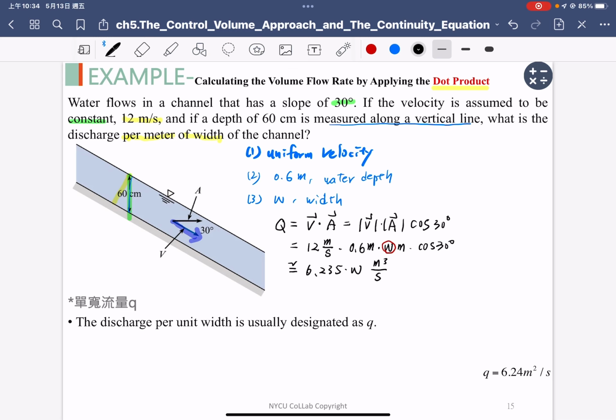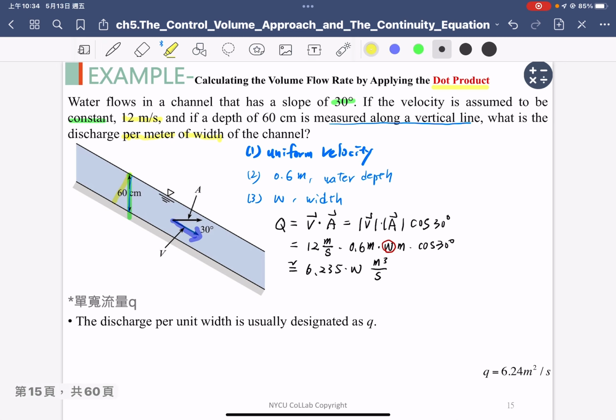This is the discharge, okay? Because the question requires the discharge per meter of width, we assume W is equal to 1 meter. Then we can compute the small q, the discharge per unit width, q divided by W, and right now the width is equal to 1 meter.